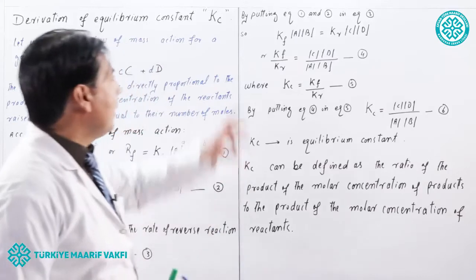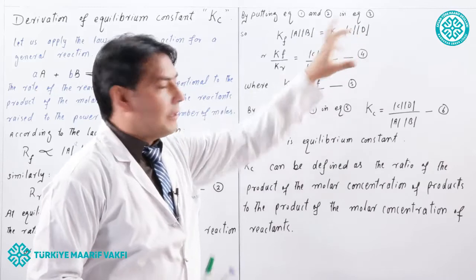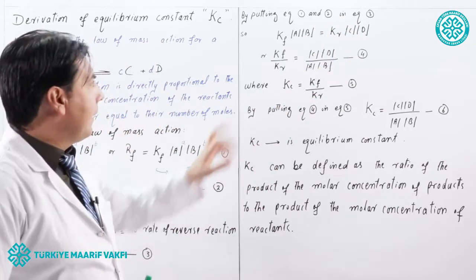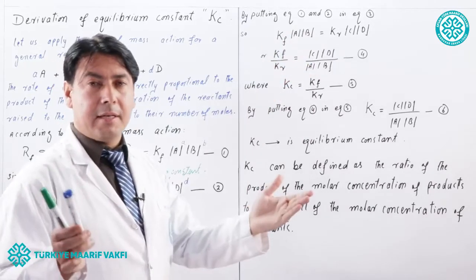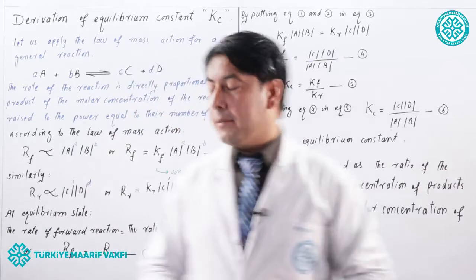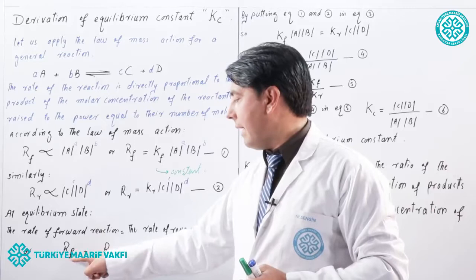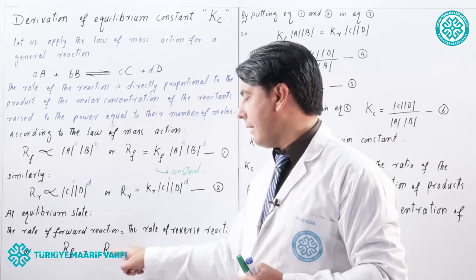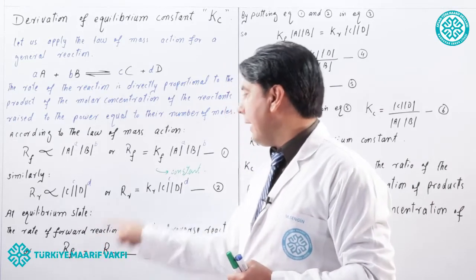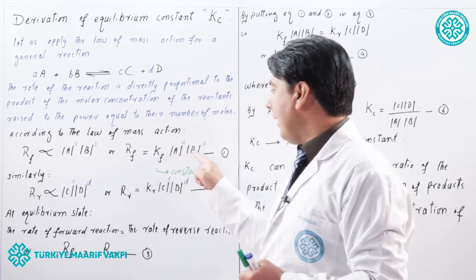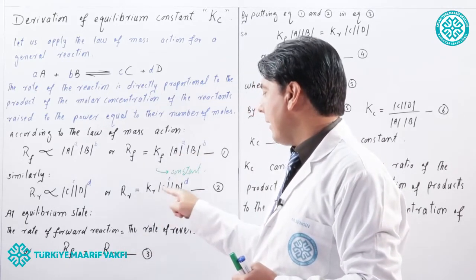Now, by putting equation first and equation second in equation third, look, the rate of forward reaction is equal to the rate of reverse reaction. The rate of forward reaction is represented by Rf, and the rate of reverse reaction by Rr. We know the value of Rf is equal to Kf into [A]^a into [B]^b, and the rate of reverse reaction is equal to Kr into [C]^c into [D]^d.